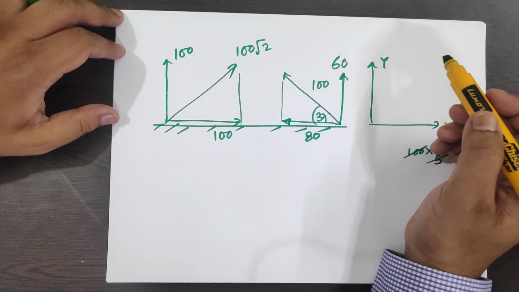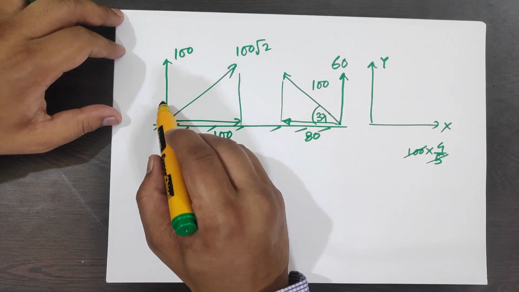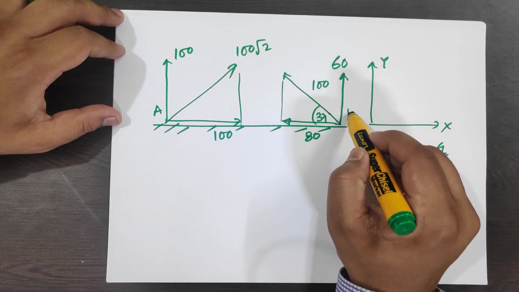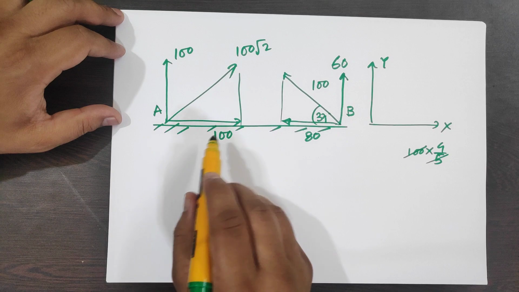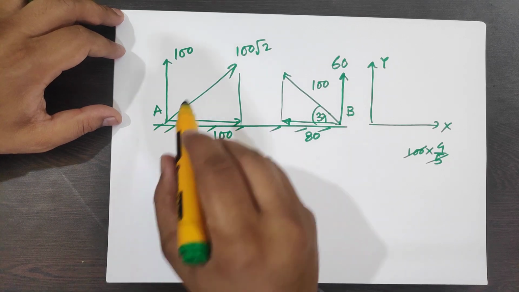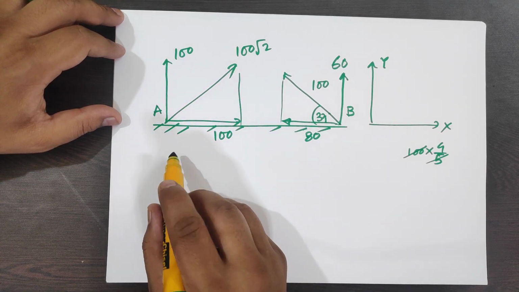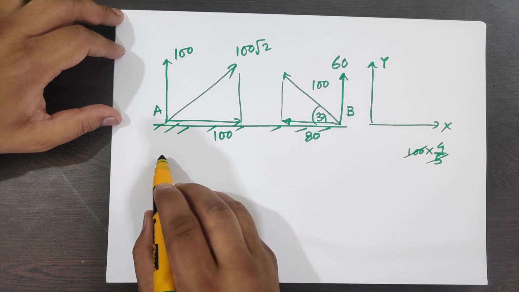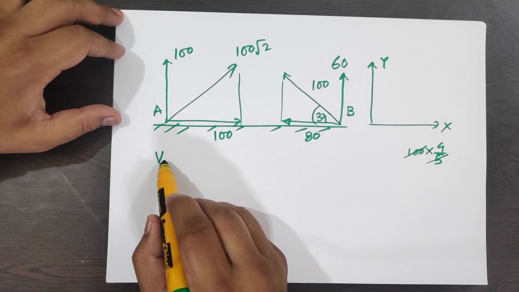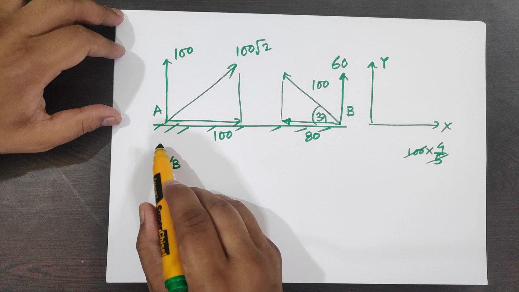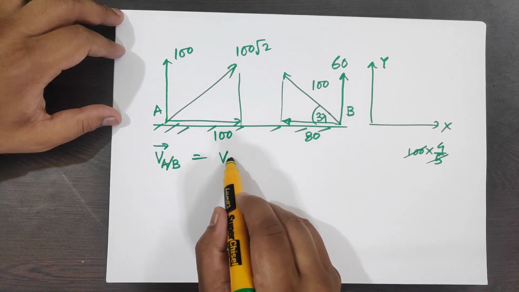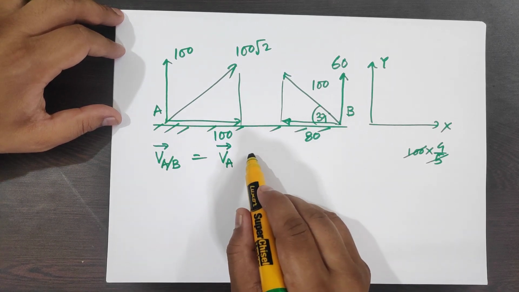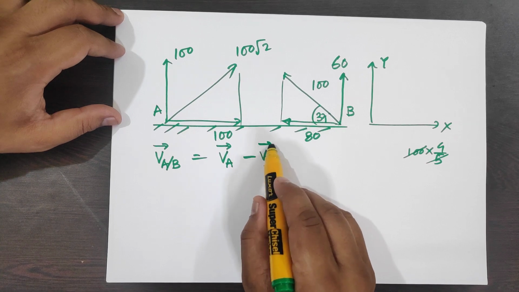This is 60. Okay, so we have to observe from anyone. For the initial velocities UA and UB, it's like this: VA with respect to B is VA minus VB.